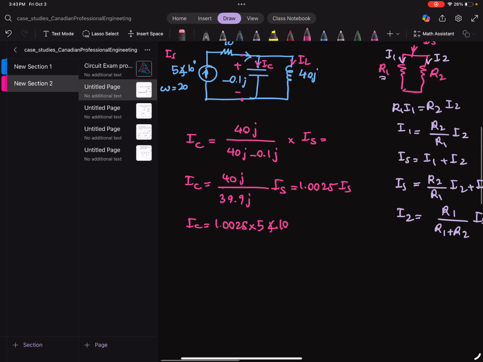Okay, so V0 is going to be, these are the phasors, remember, V0 is going to be IC over j omega C. So 1.0025 multiplied by 5, over 10, over again 0.1 j.